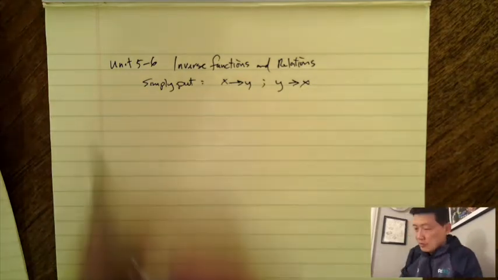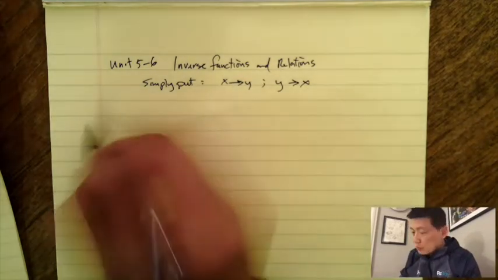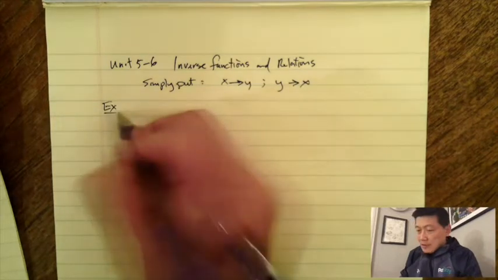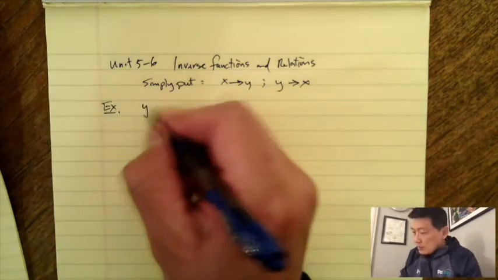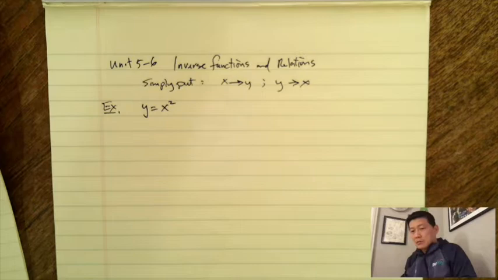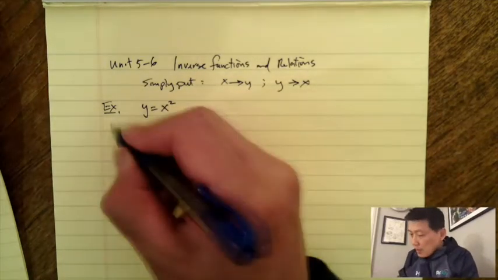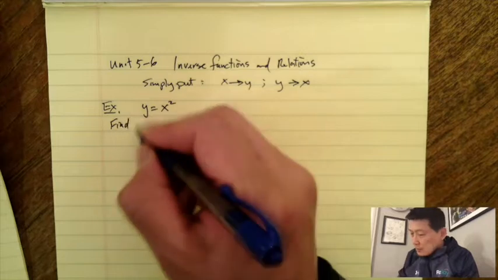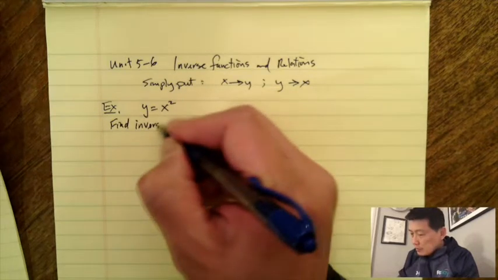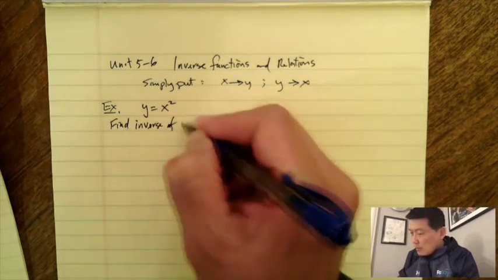So in this case, let's just go right into it. y is equal to x squared. And then the question is to find the inverse of y function.